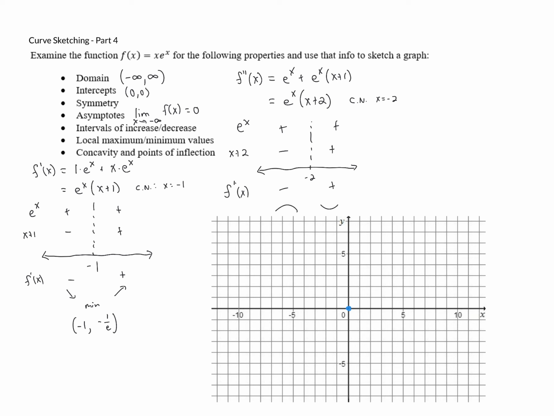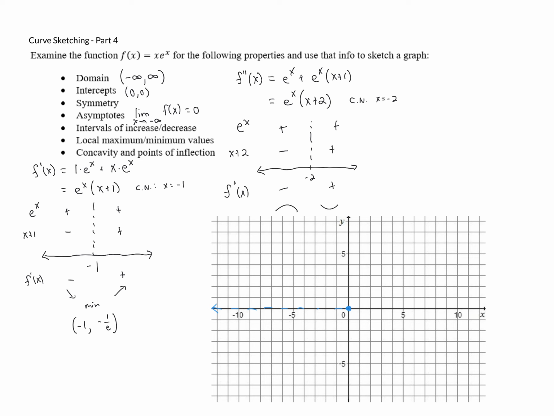We know that we have an asymptote at y equals 0, specifically in the left-hand direction. We saw that when x approached negative infinity, our function was getting closer and closer to 0. So we've got a horizontal asymptote on the left-hand side.